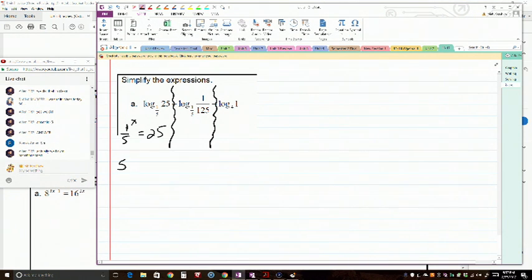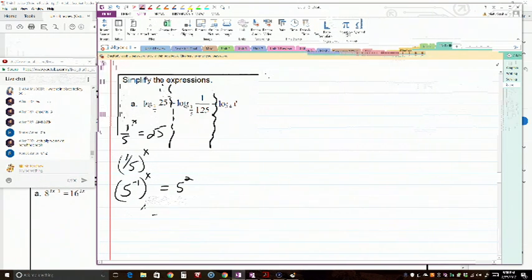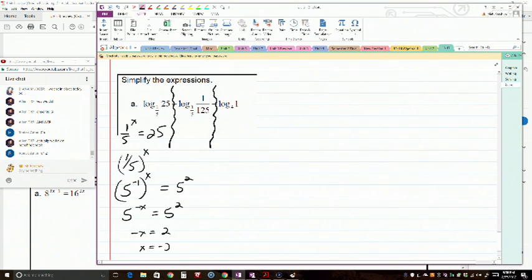All right, so 1/5. There you go, 5 to the -2. So this 1/5, if I want to rewrite it with the base of 5, is 5 to the -1. And we know that 25 is 5 squared. So 5 to the -x equals 5 squared, so x equals -2.